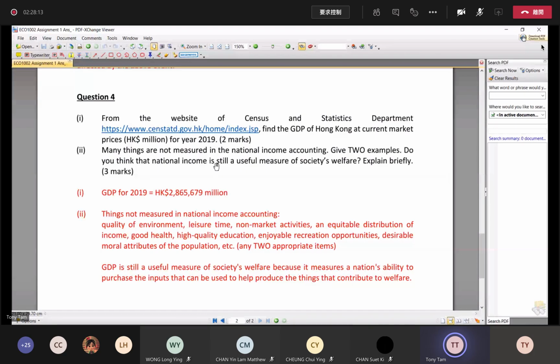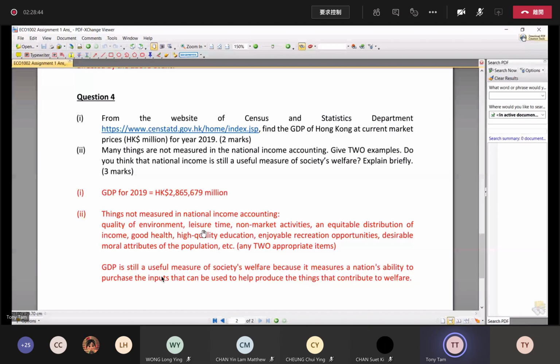Do you think national income is still a useful measure of society welfare? Welfare means well-being. So you have to find something related to society well-being, related to society welfare, or related to society standard of living, but not reflected by our GDP, not reflected in our national income accounting.